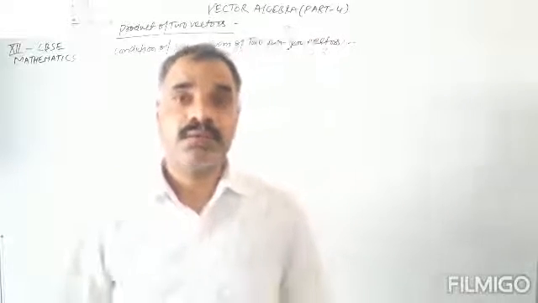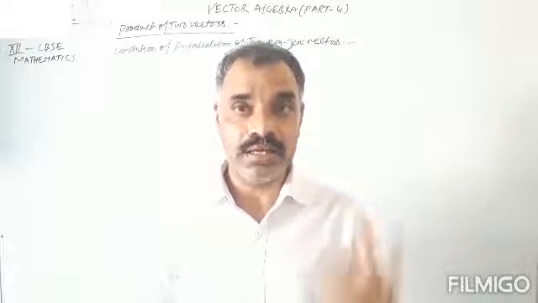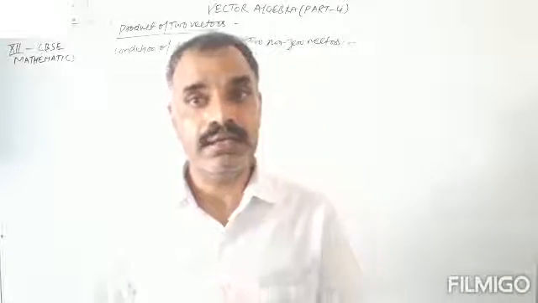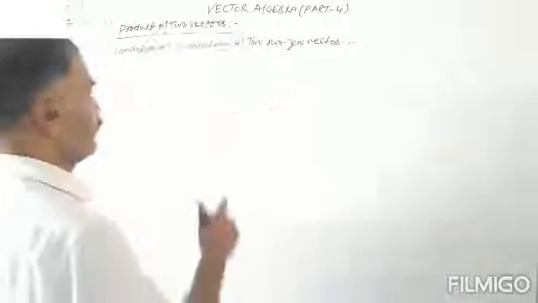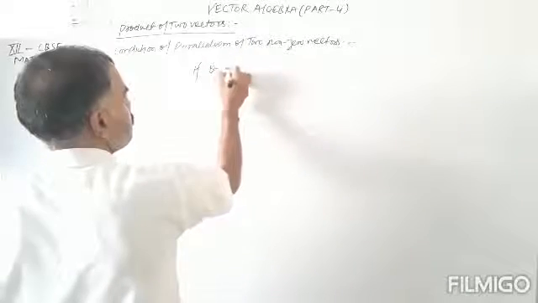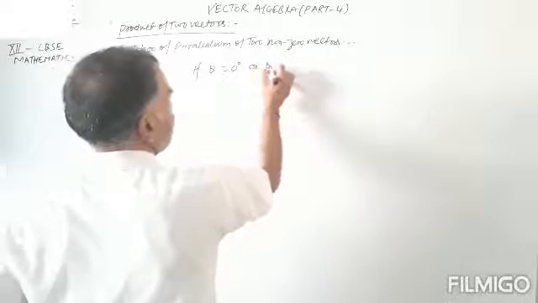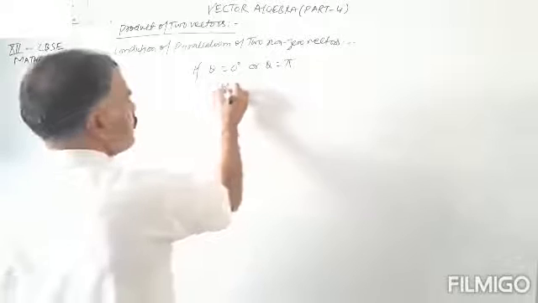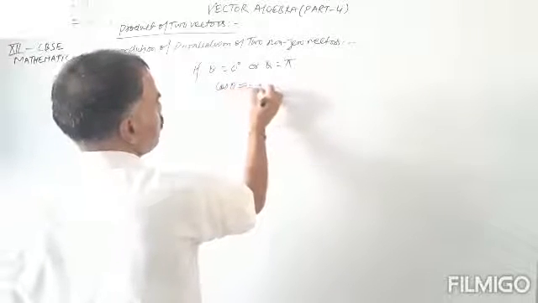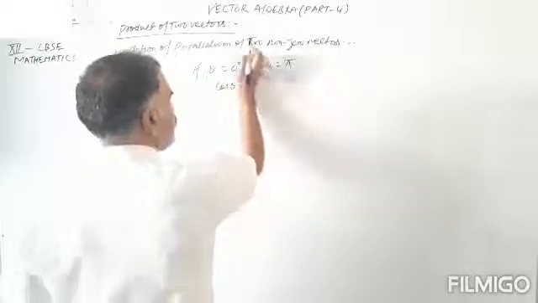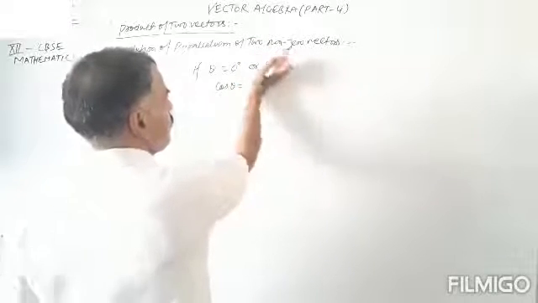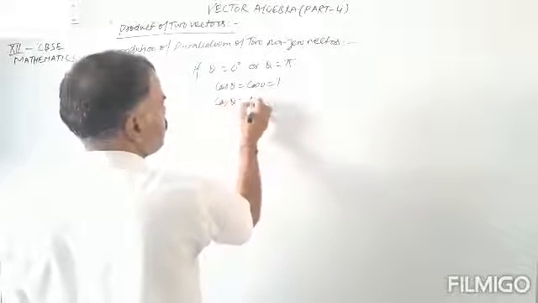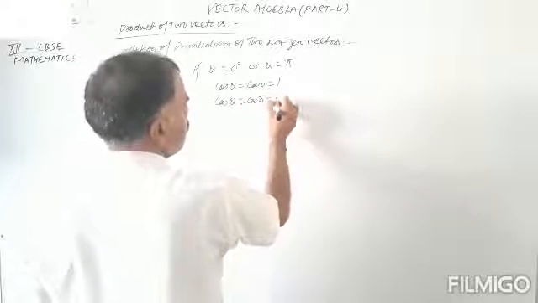Parallelism means either they have the angle 0 degree or they have the angle 180 degree. So if theta equals 0 degree or theta equals pi, then cos theta equals cos 0 equals 1, or cos theta equals cos pi equals -1.